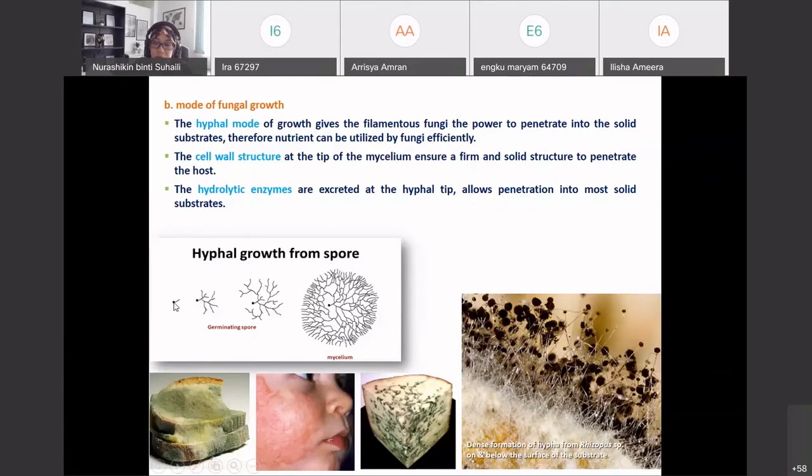So it may start with that first, on day 0 or day 1. Throughout the time, it will grow, and the number of branches will increase. So if you see here, the growth of the germinating spore, it will be more in the 3rd picture. And in the 4th picture, you can see that there are lots of branches.